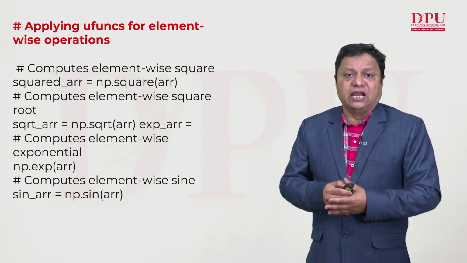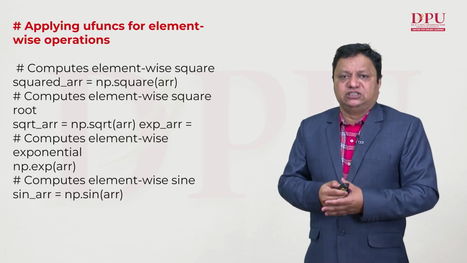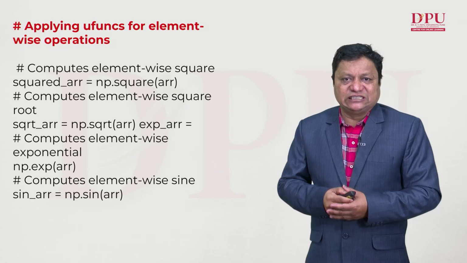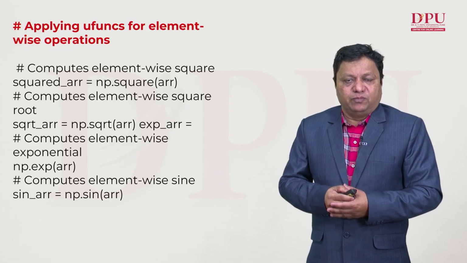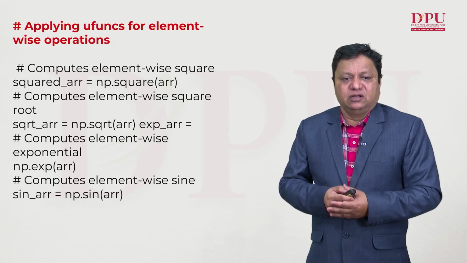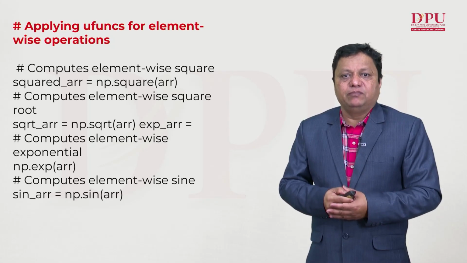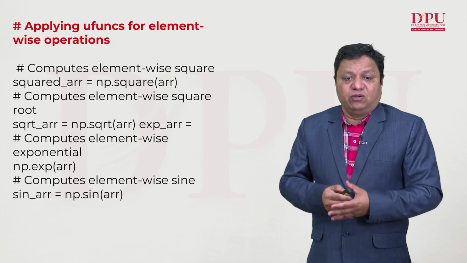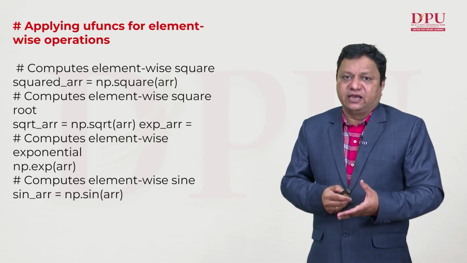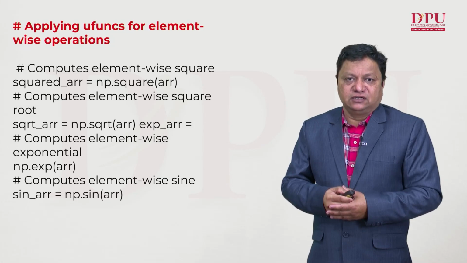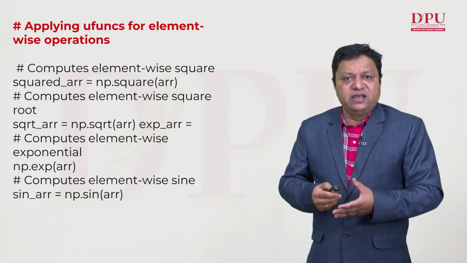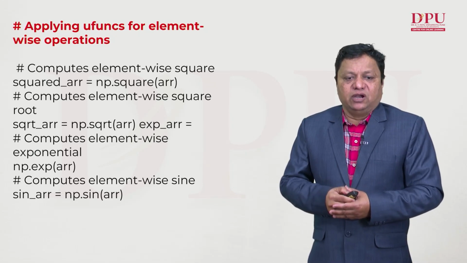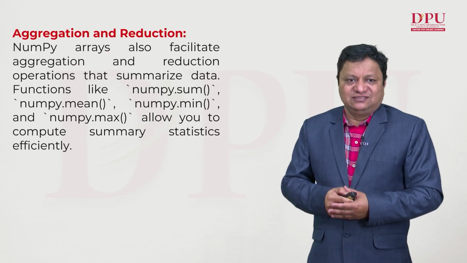In the same way, if you want to perform the exponential on all the elements of your array, I can just call np.exp and pass the array name as an argument to this built-in universal function. And if you want to calculate the element-wise sign, I can call the np.sign function and provide the array name as an argument. In this way I can calculate the element-wise sign as well.